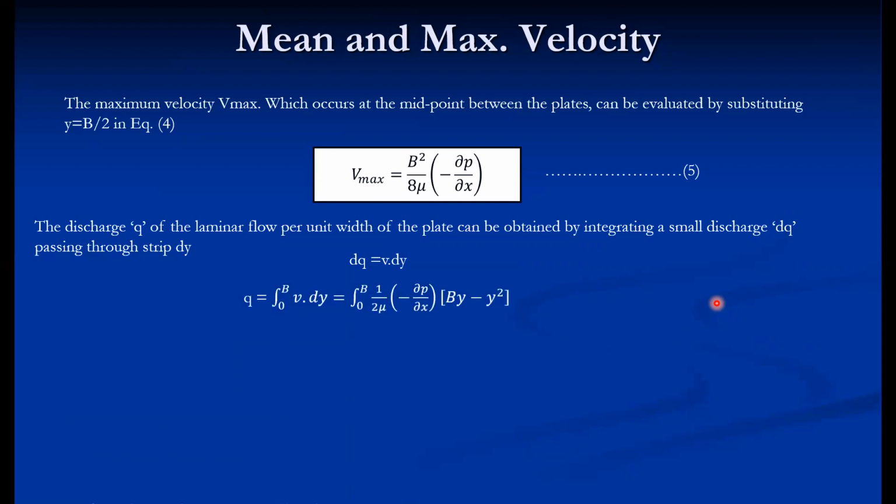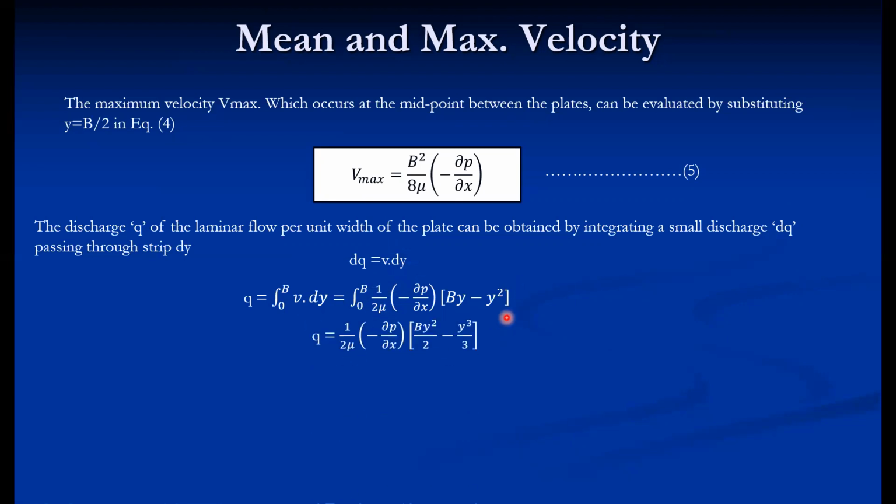If the flow is taking place in a small strip of thickness dy and width unity, then in order to calculate the entire discharge through the rectangular passage between fixed parallel plates, we can integrate v dy from 0 to b. So instead of v, we can substitute this expression.